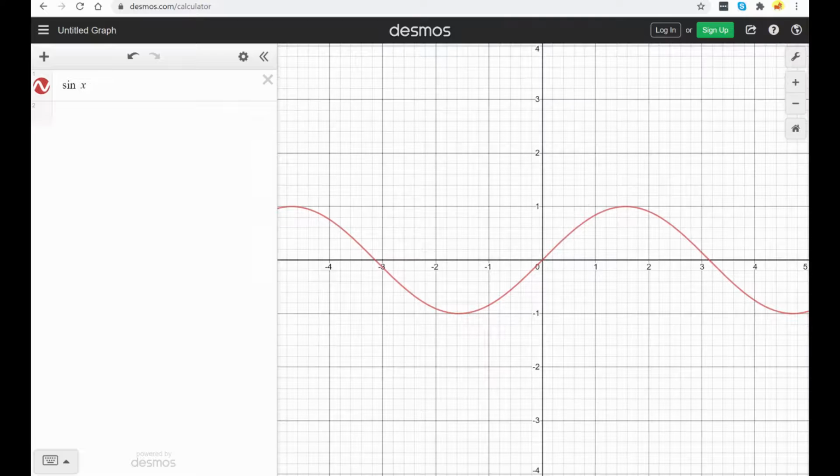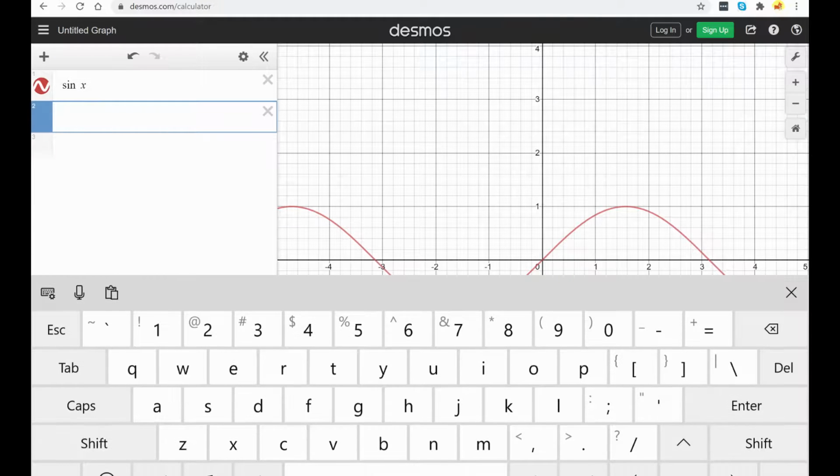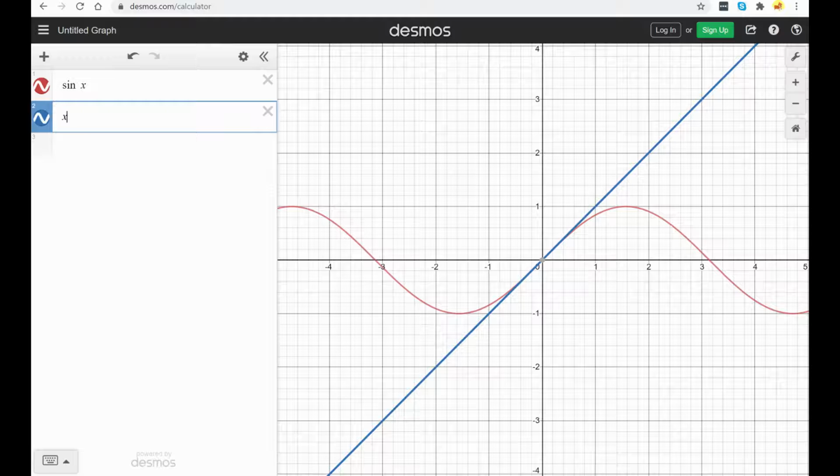Now we know that according to our Maclaurin expansion for sine x, the first term is x. So suppose I type y equals x, you can see the blue line overlapping with our original sine curve. You will notice that the graphs overlap for very small values of x, somewhere between -0.5 to 0.5.